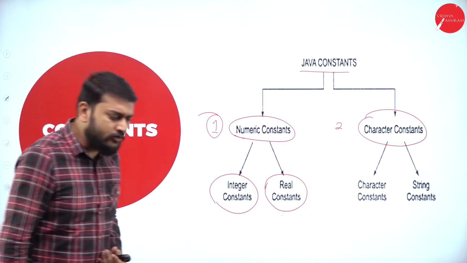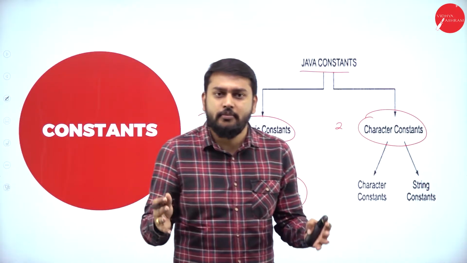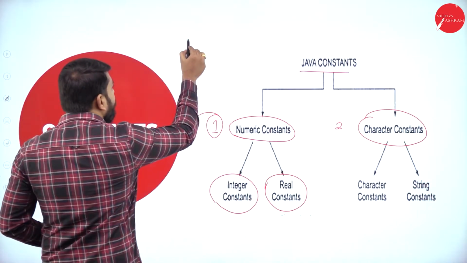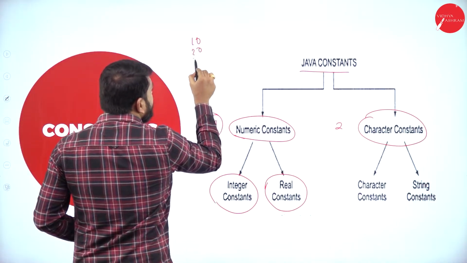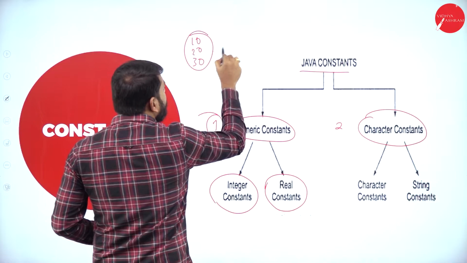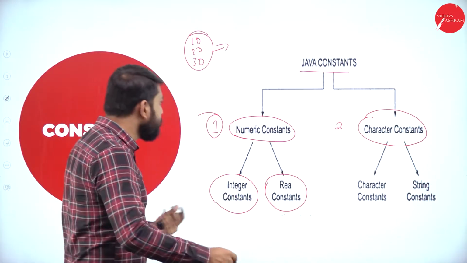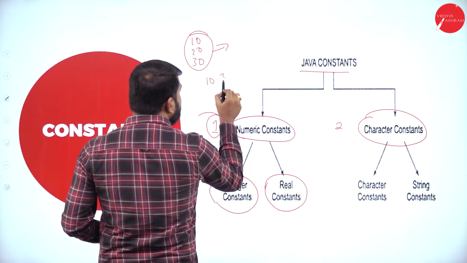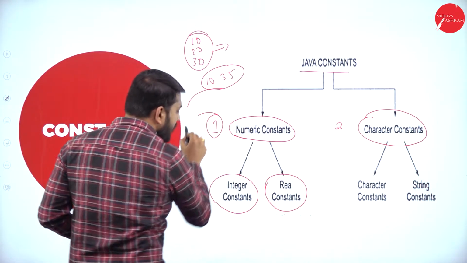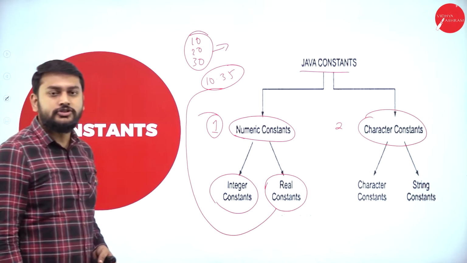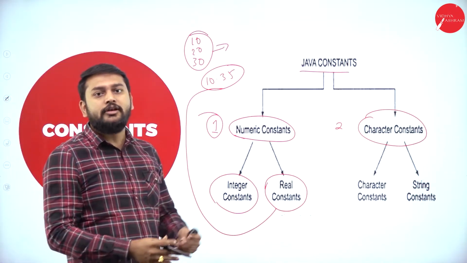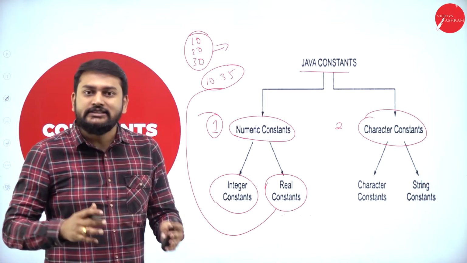You all know that we have something called integer numbers, right? For example, if I write 10, 20, 30, all these belong to the integer constant. In the same way, if I write 10.35, this is what I will call a real constant. You all know that we have something called integer and float, right?